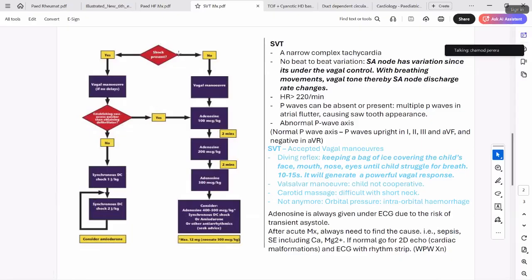If there is no shock, the first line is adenosine, 100 micrograms per kilogram. Wait 2 minutes, double the dose and give 200, and then give 300, right? This is the main algorithm for management of supraventricular tachycardia.